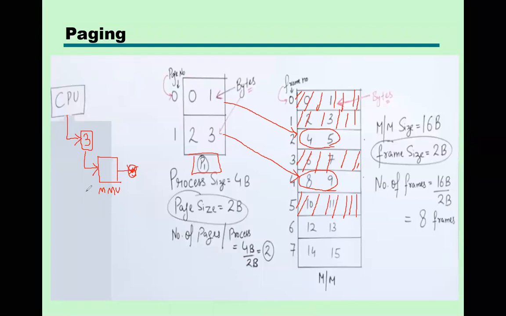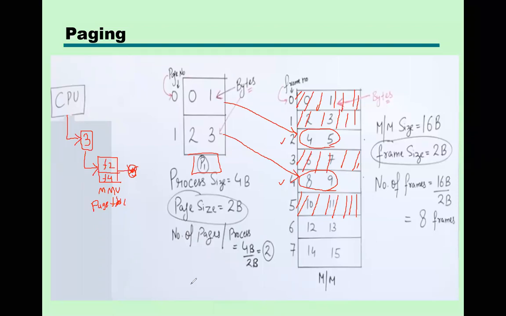This information is available in the page table. So in the page table, for example, this information is available: process 1, the first byte is available at frame 2, and the second byte is available at frame 4. See here, at frame 2 the first byte is available, and at frame 4 the second byte is available.